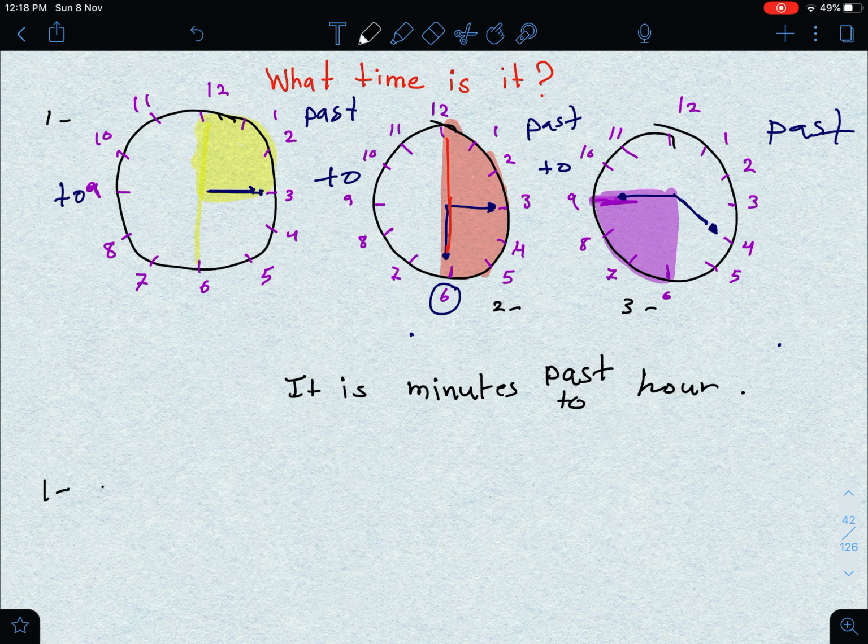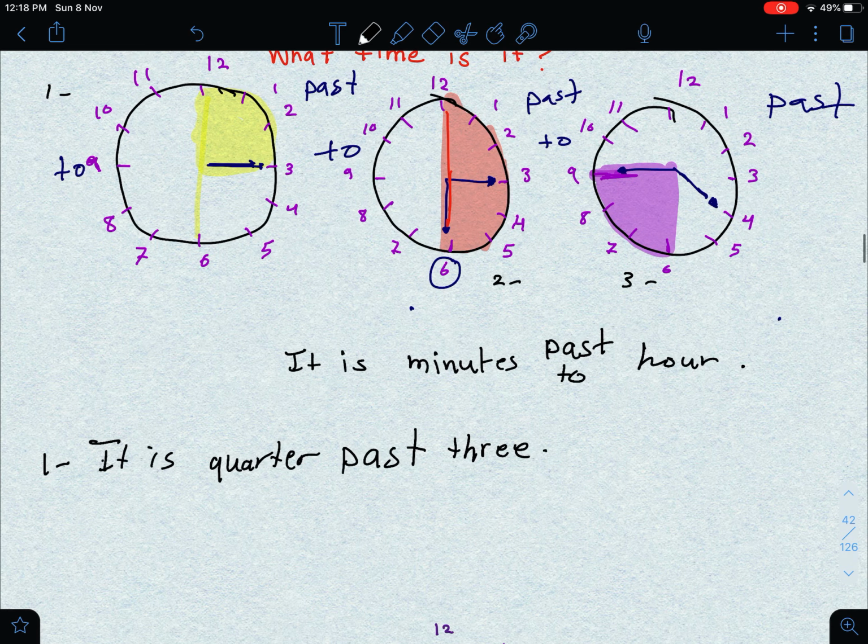The minute hand is pointing to 3, so it is a quarter. In this part it is past. The hour hand is pointing at 3. It is quarter past 3.